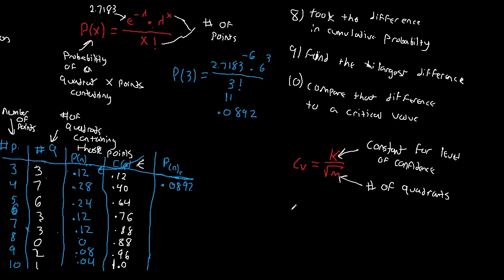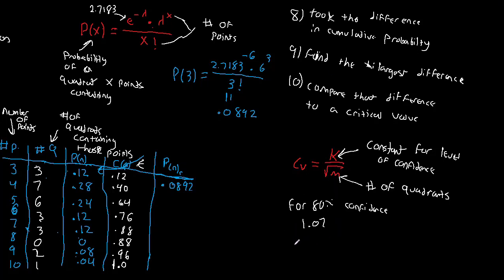For 80% confidence, we would want to calculate our constant to have a value of 1.07. So this 1.07 is the value for this constant at 80% confidence. What we do then is just divide by the square root of our number of quadrants.